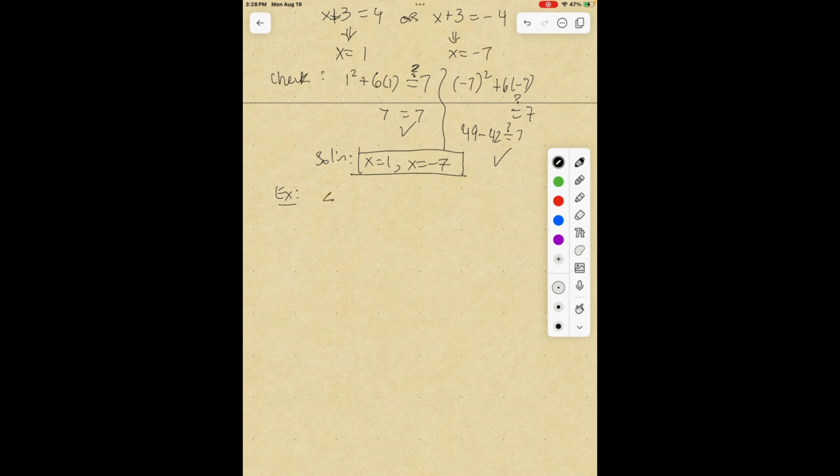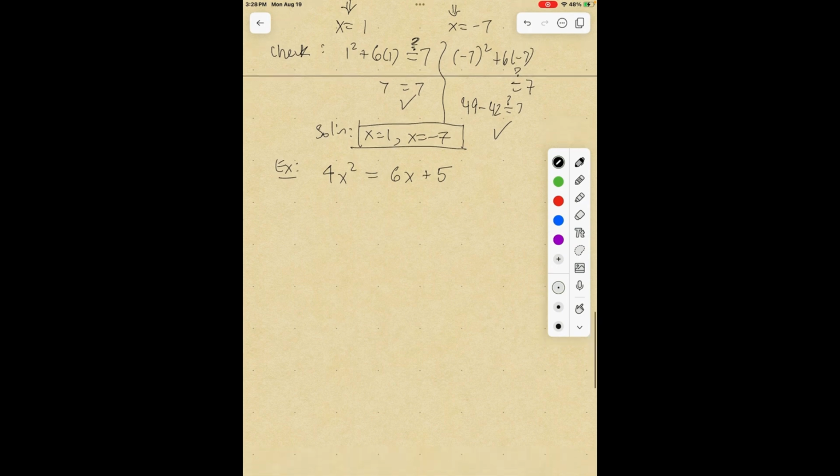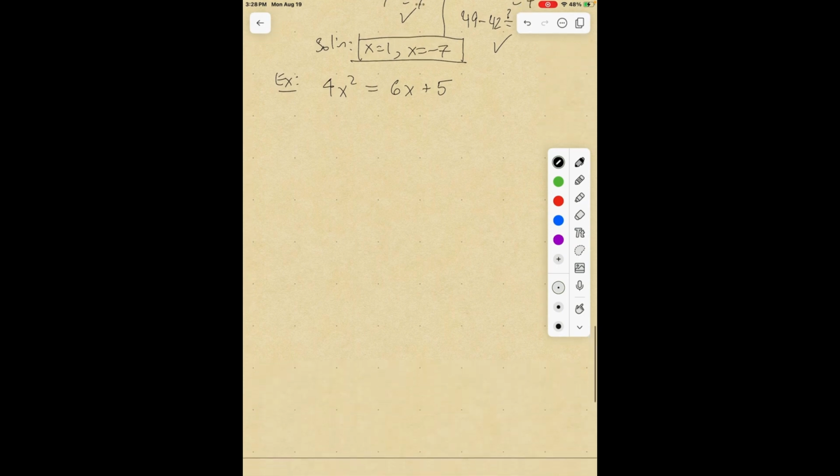4x squared equals 6x plus 5. All right, well, we have x's on both sides of the equation. We want to get them on one side.